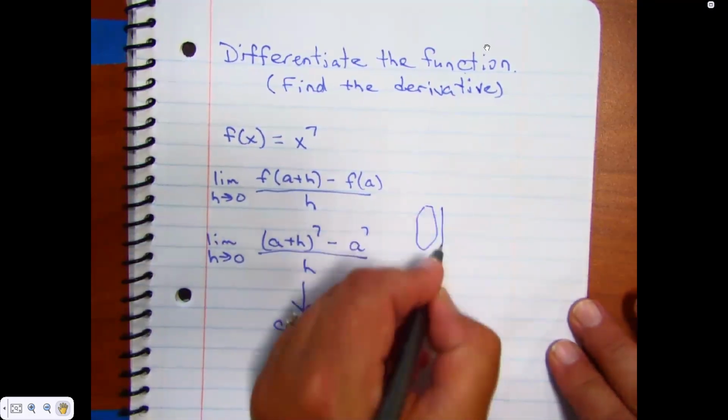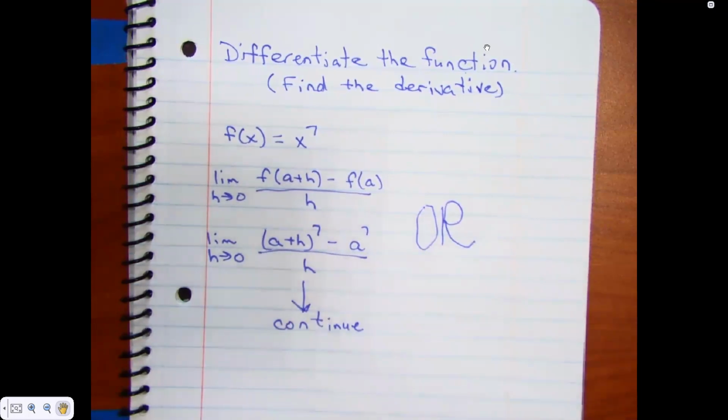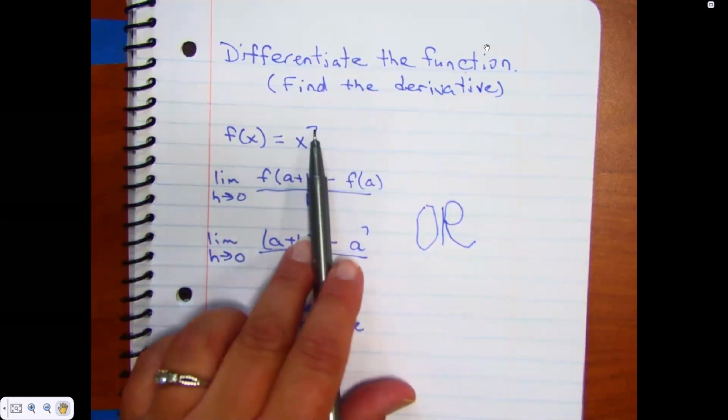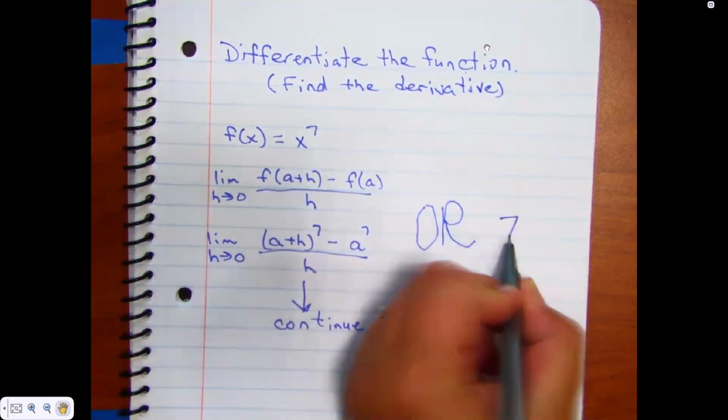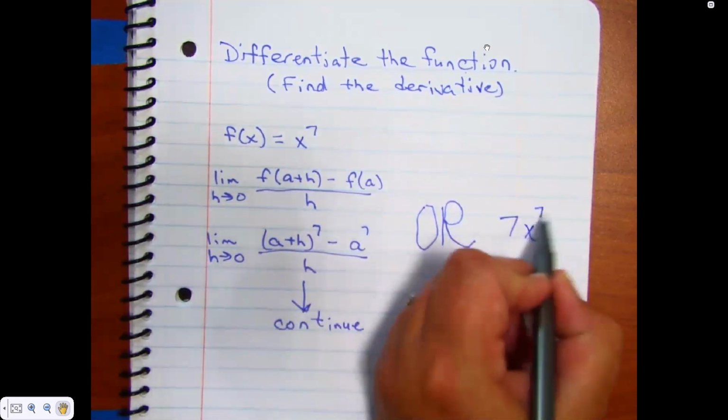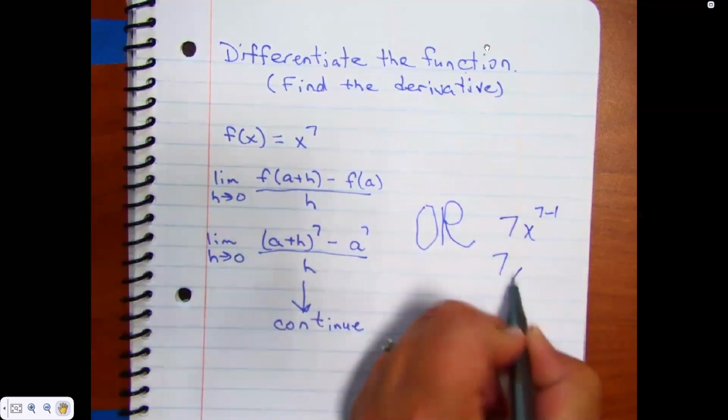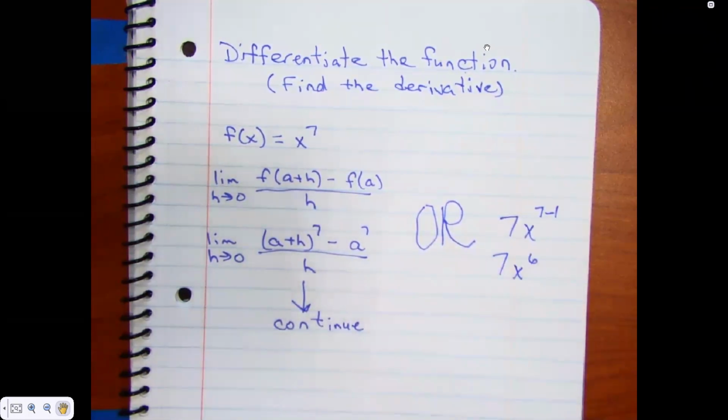Or what could we now do instead? Instead of doing the limit, which we just pulled our hair out for 2 days, what could we do instead? Roll it down. So it's going to be 7 and then x to the 7 minus 1, or 7x to the 6.